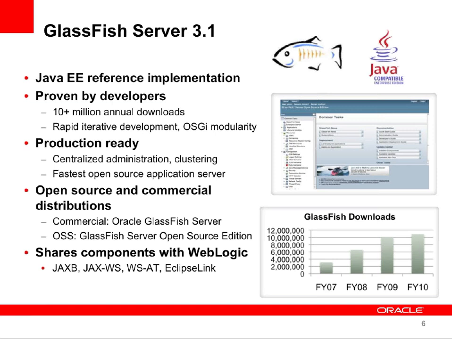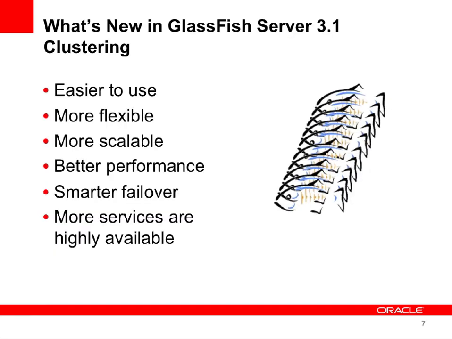And what you'll see over time is where it makes sense, we'll share additional technologies. For example, our HK2 modular runtime is actually going to be shared with WebLogic. And this doesn't mean that the app servers are converging in any way. It's just where it makes sense, we will be sharing technologies but then we'll also be offering differentiated feature sets over time.